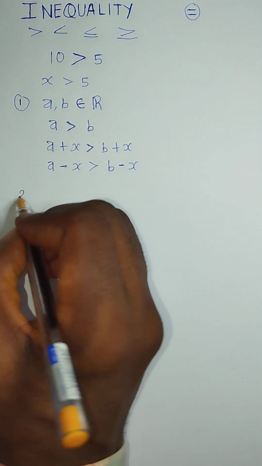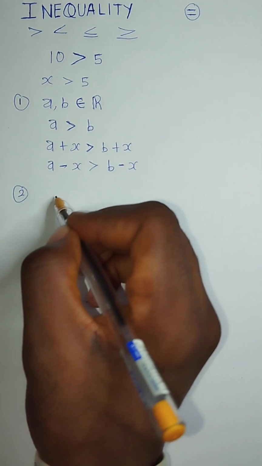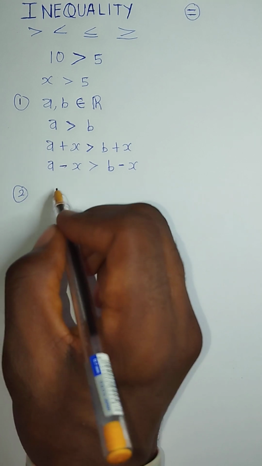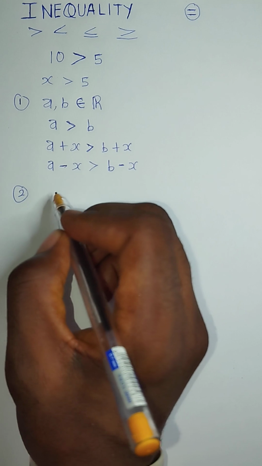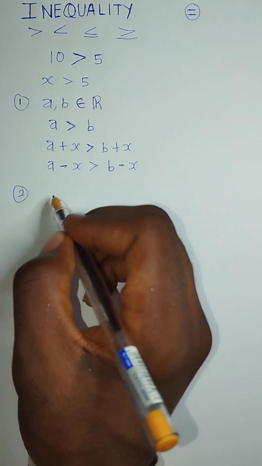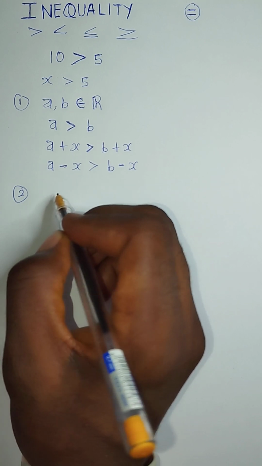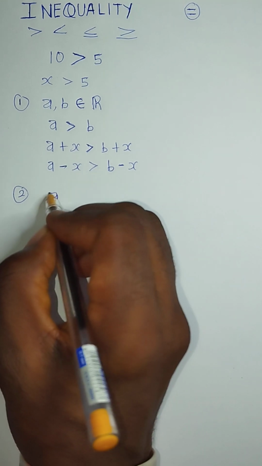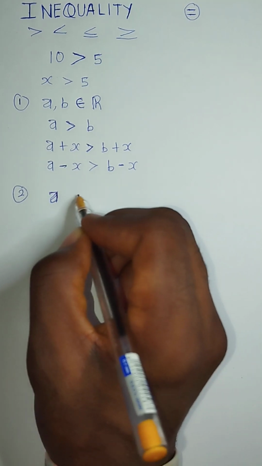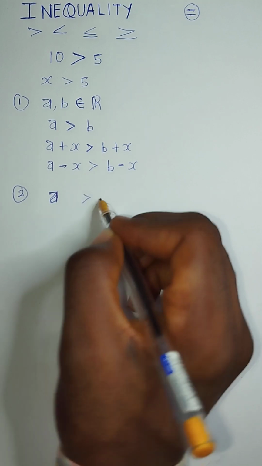Let's move to the second rule, which I call the multiplication and division rule. If you have the same two real numbers a and b, and you multiply both sides, let's take for example a is greater than b.